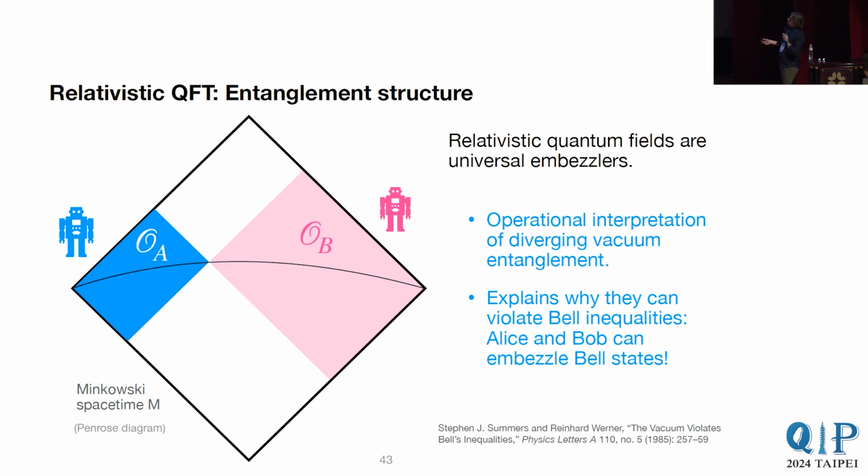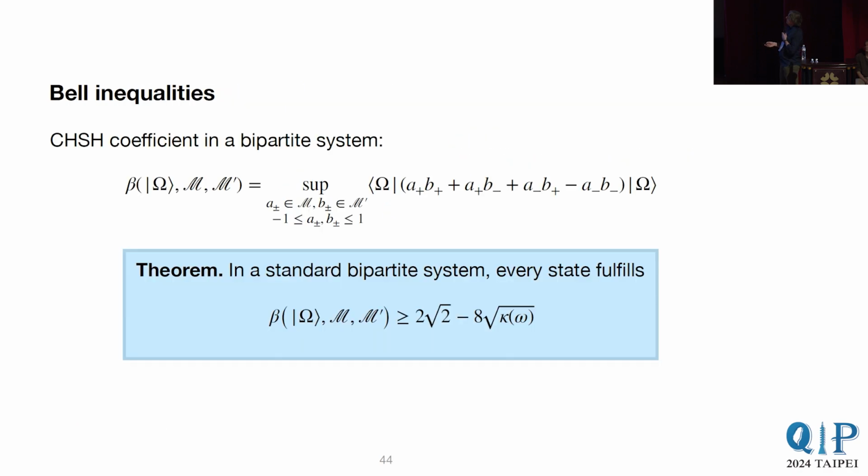This is now a direct conclusion from the results we presented here, because you have this embezzlement property for these local algebras, which tells you that you can basically embezzle arbitrary Bell pairs from the vacuum state. So it gives a very nice intuitive explanation of this fact. And we can also quantify this again in terms of our embezzlement quantifier.